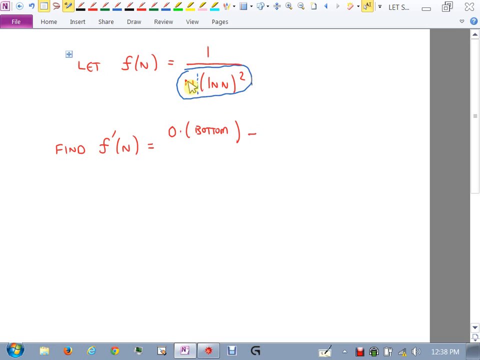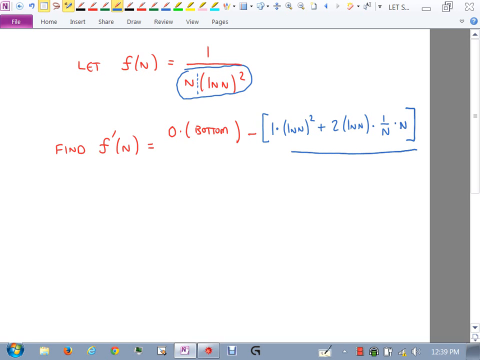The derivative of n is 1 times natural log n squared, then plus, doing product rule, derivative of natural log of n squared would be 2 natural log n, then chain rule, derivative of natural log of n, 1 over n, finish off the product rule, times n, they'll cancel each other out.